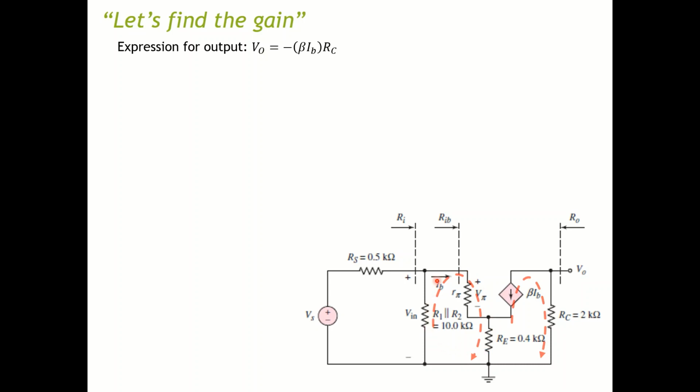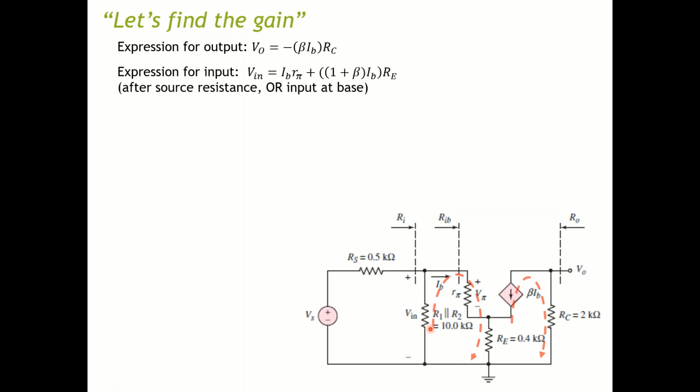If you use Kirchhoff's voltage law around this loop, you can have the input, Vin, equal to the voltage across this resistor, IB multiplied by R pi, then the voltage across this resistor, which is the emitter current IE multiplied by RE. And you know IE is equal to (1 plus beta) IB, so that's another way you can get around.